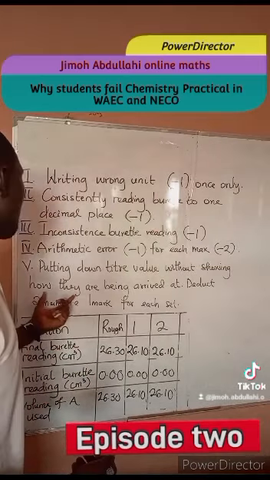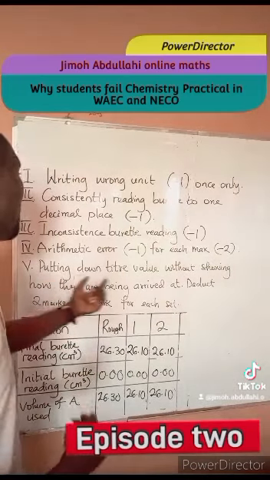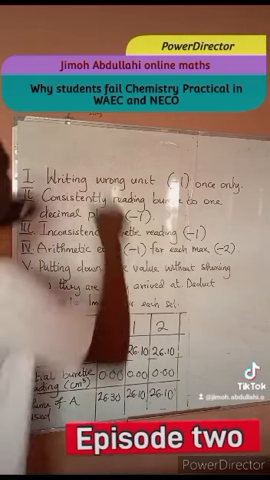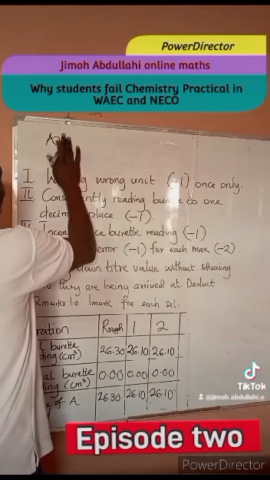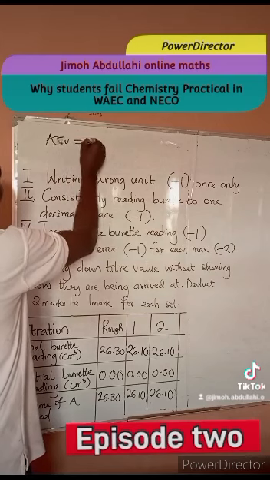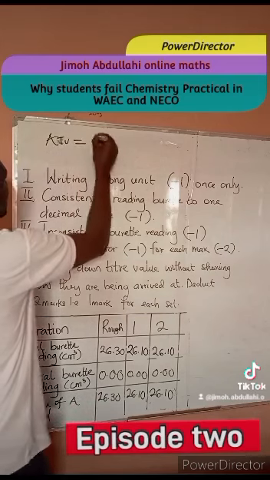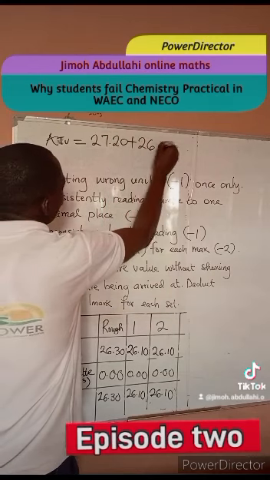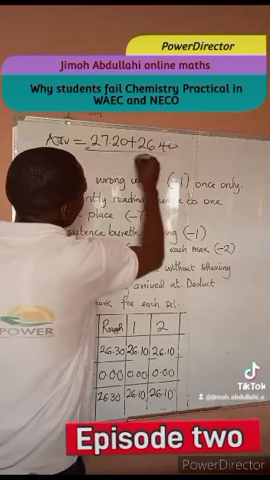Now what they mean by putting down titre value without showing how it was arrived at is this. I now come to my average titre value. Instead of me to write this, I come and write 27.20 plus 26.40 divided by 2.